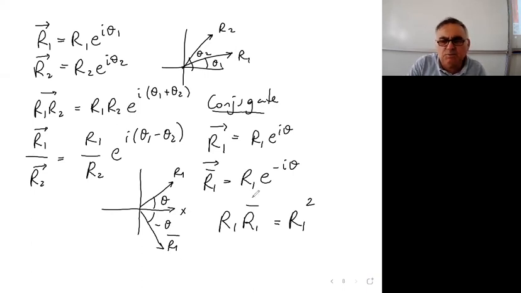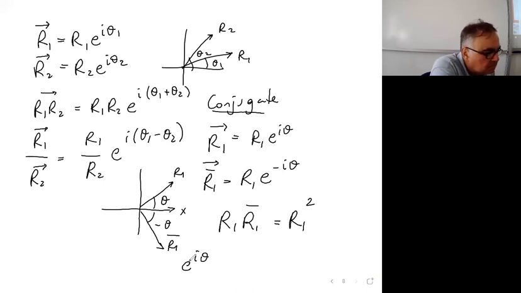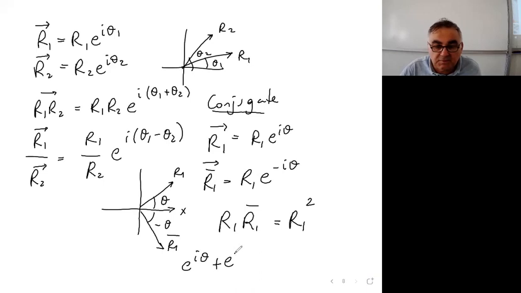And one thing that you should also remember is that if you add up e to the I theta and e to the minus I theta, if you open them up, you will see that this will be equal to 2 cosine theta.